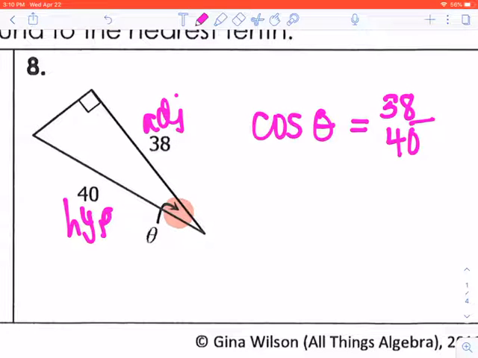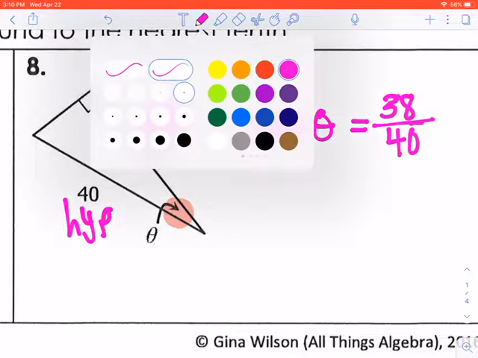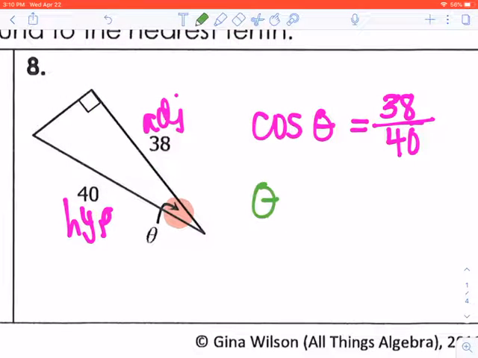It's not working. Okay. And so to solve for the angle, we make this an inverse cosine of 38 over 40. And we're going to go to the calculator, and what your calculator is going to do is it's going to take the ratio and it's going to tell you what the angle associated with that ratio is.